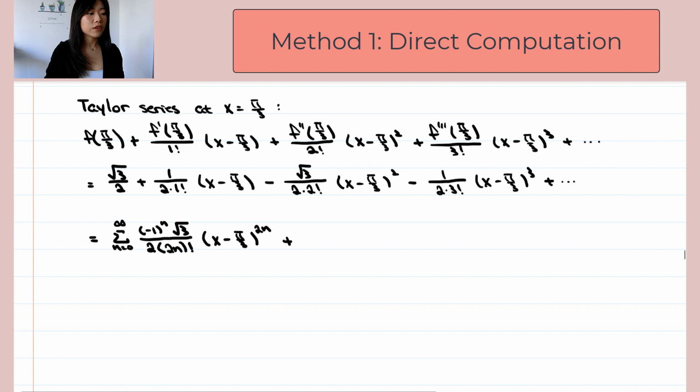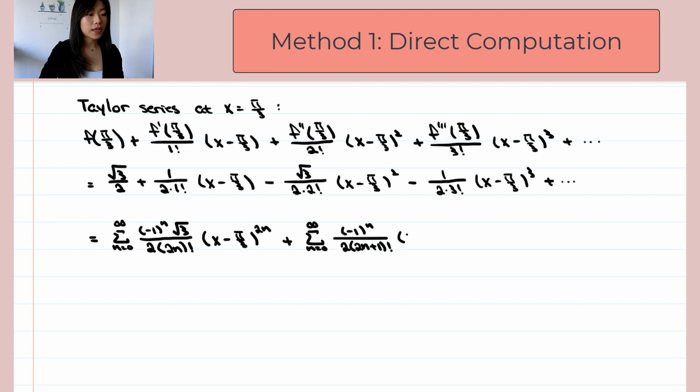Now let's summarize that using a sigma notation. So we have a sum for n starting from 0 of negative 1 to the power of n. And the constant is 1 over 2. Then multiply that by the factorial of odd numbers, so 2n plus 1 factorial.